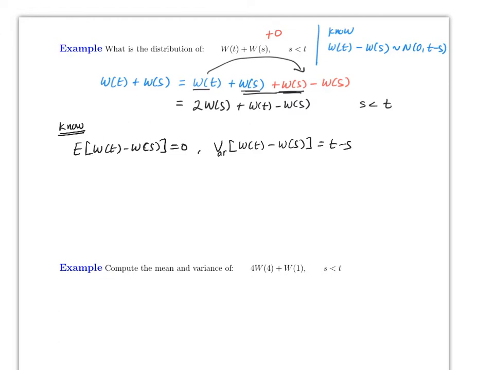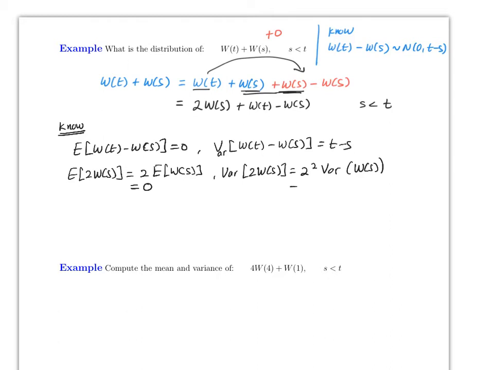We also know the expected value of 2Ws is the same thing as 2 times the expected value of Ws, which we also know is equal to 0. And the variance of 2Ws is equal to 2 squared times the variance of Ws, which from the previous page is equal to 4 times s.